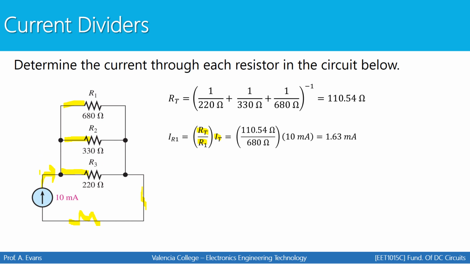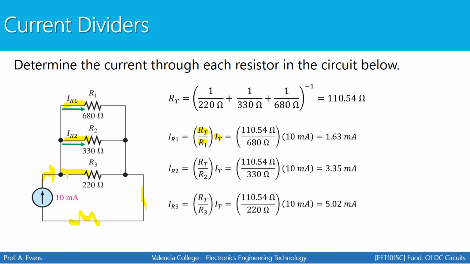So the total current going into the node is what you multiply by. In this case, we're going to take our RT, which is 110.54 ohms, divide by R1, which is 680 ohms, and then multiply by the total current going into the node before it's split. We'll repeat this for R2 and R3.